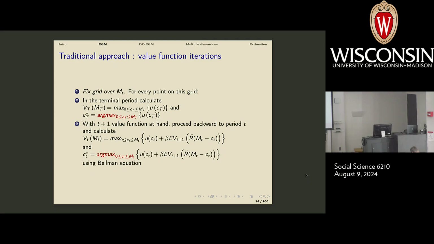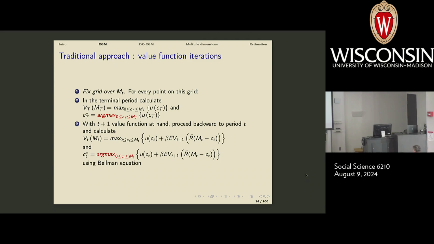For the final time period, we maximize the utility. We get out the optimal consumption rule. And then we iterate backwards in the usual manner by solving the Bellman equation. And now here we're solving the optimization problem with respect to a continuous choice. And so again, you can discretize this. You can discretize C, and then just solve for the best choice of consumption on the grid.